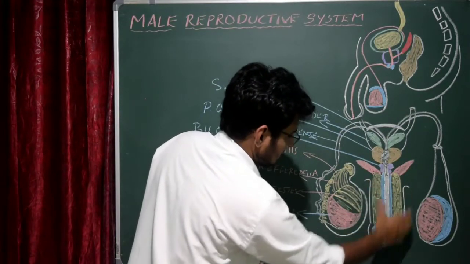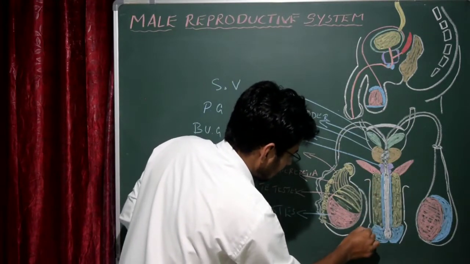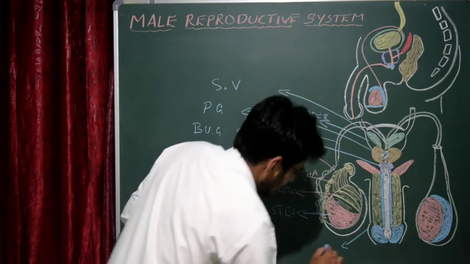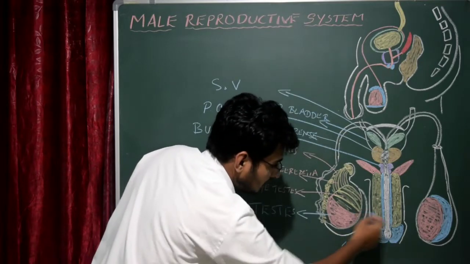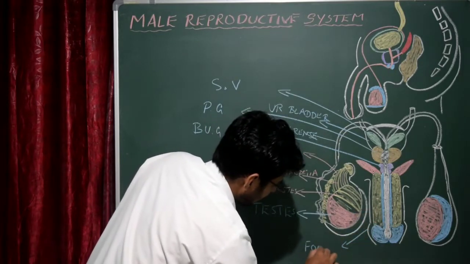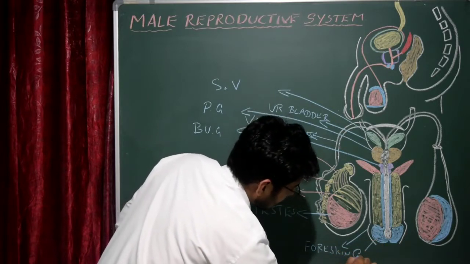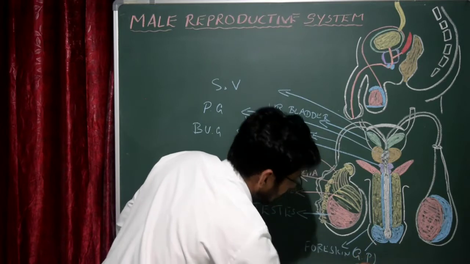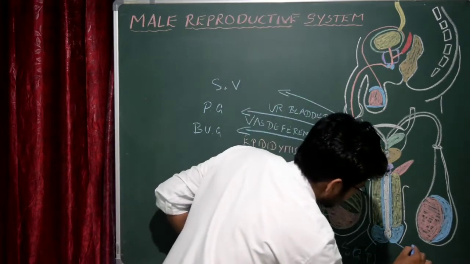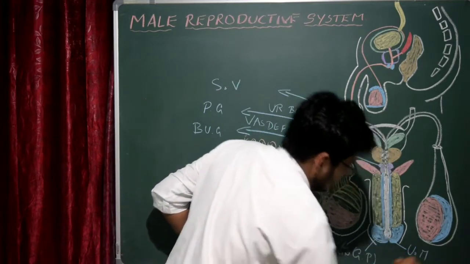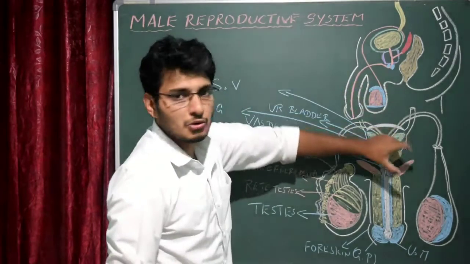This is the penis. The penis mainly contains a skin covering around the glans penis. We call it the foreskin, and this is the glans penis, and this particular structure is the urethral meatus. So that's all about the labeling.